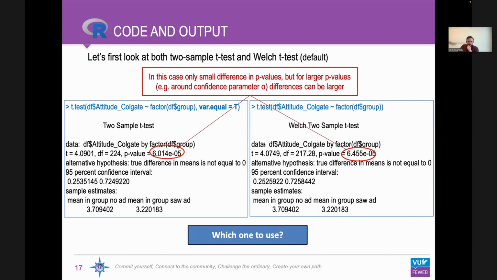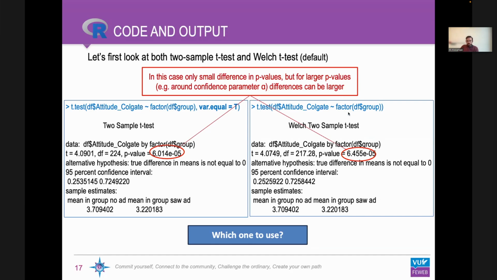Here we observe a slight difference between the p-values, but in some cases this can actually be larger. So we really need to pay attention to the equality of variances before we do the t-test.